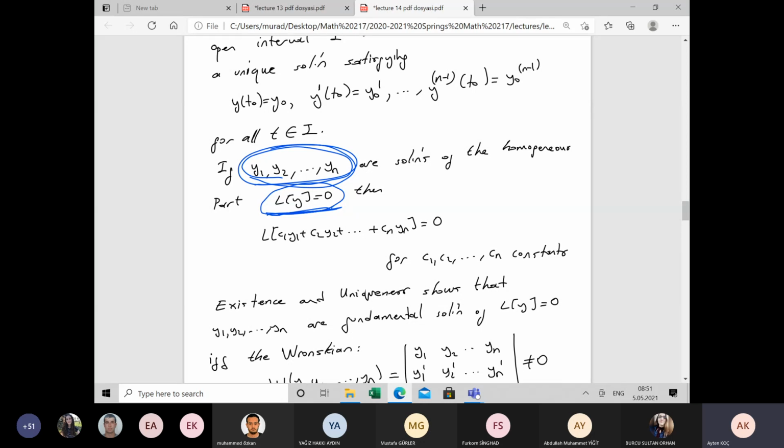we know that a linear combination of these solutions is also a solution. Write that if L of y sub i is 0, then y sub i is a solution. So we claim that taking the linear combination of these solutions is also a solution of the corresponding homogeneous differential equation, where C1, C2, up to Cn are constants.